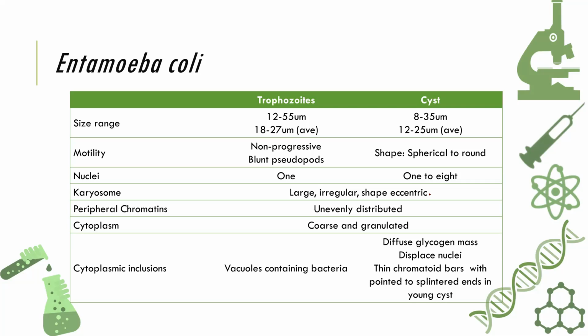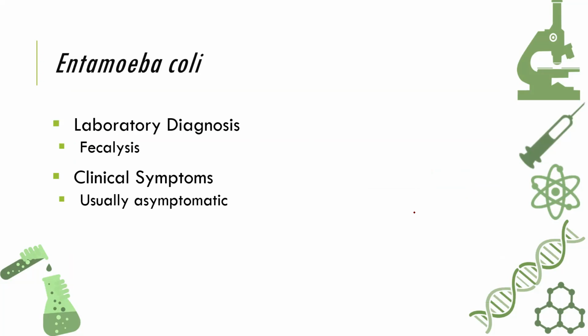This is what is good to remember here. Entamoeba histolytica is quadrinucleated. The mature Entamoeba coli can have up to 8 nuclei. Okay? So again, the laboratory diagnosis is also fecalysis.